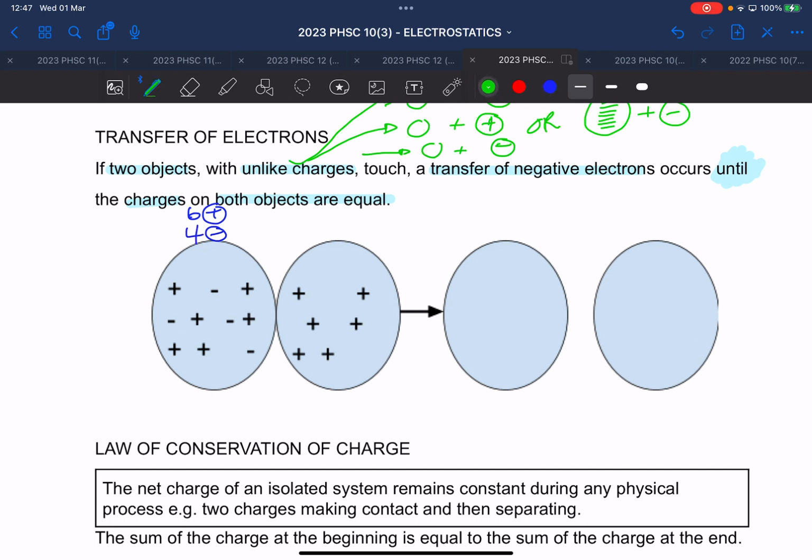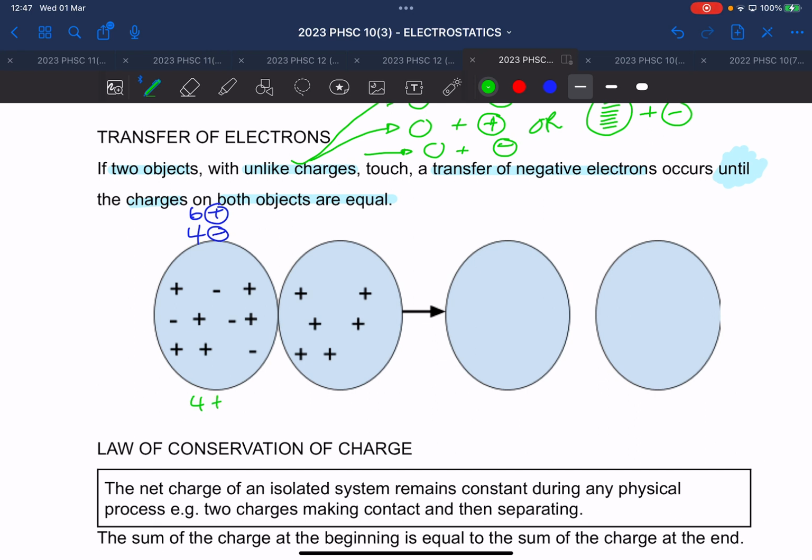So if you add them together, what is the net charge on that object? It's 2 positive. So this one, sorry, not 4. It is 2 positive, the net charge.